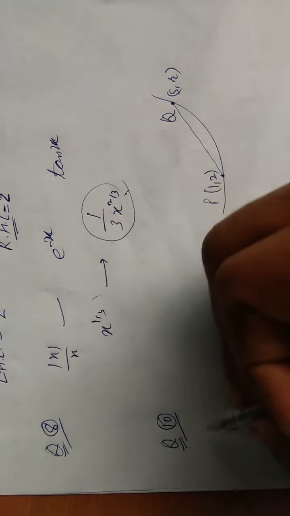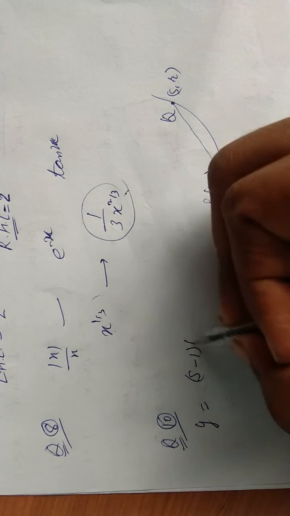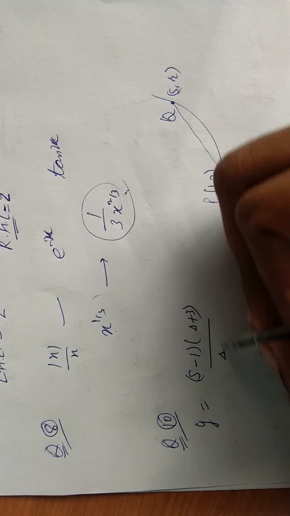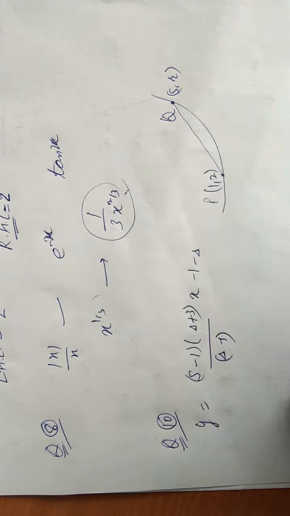So let's write the equation of the line. y is equal to (s minus 1)(s plus 3) upon (s minus 1) times (x minus 1) minus s.